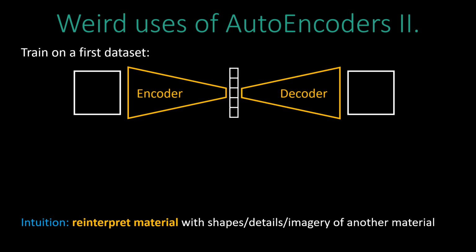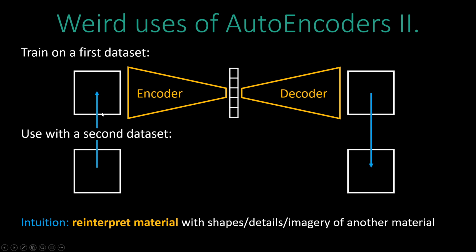Okay, and let's see another non-traditional use of an autoencoder. We can train an autoencoder on our first dataset, have it be able to reconstruct images from that dataset back into their original representation, and then come up with images from a second dataset, replace those here, and not try to retrain the model from the first dataset, but just reuse it as a reinterpreter.